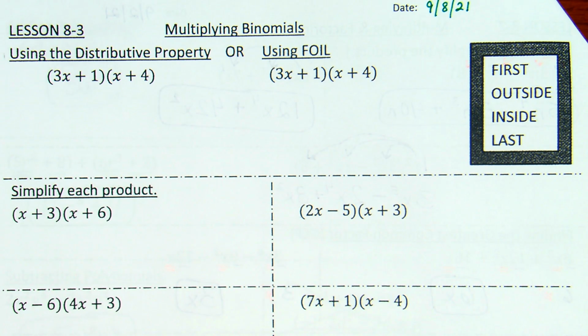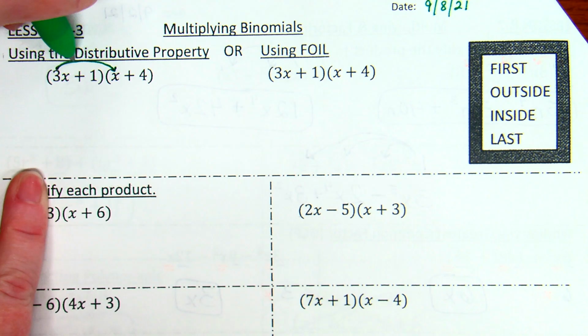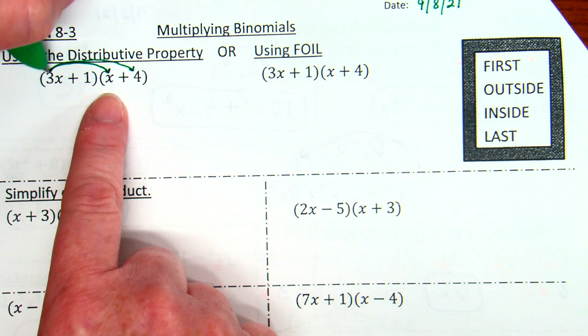So, okay, using the distributive property. If we think distributive property, I'm going to show it both ways, but basically it's the same thing. The distributive property says we're going to take 3x, and it has to distribute to everything in the other parenthesis. So that means 3x has to multiply by x, and 3x has to multiply by 4. So 3x times x is 3x.